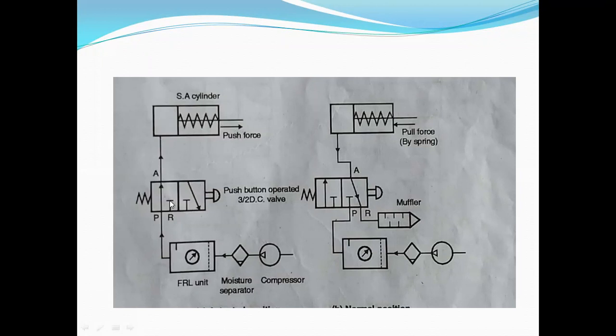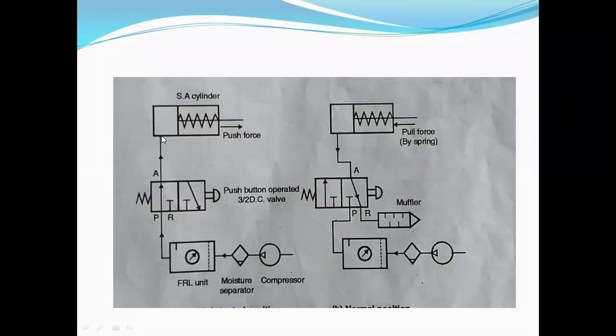In the normal operating condition, in this figure, the compressor compresses the air, the moisture separator removes the moisture, the FRL unit filters, regulates and lubricates the air, and this air is supplied from the P port to the A port, that means from the DCV towards the actuator.